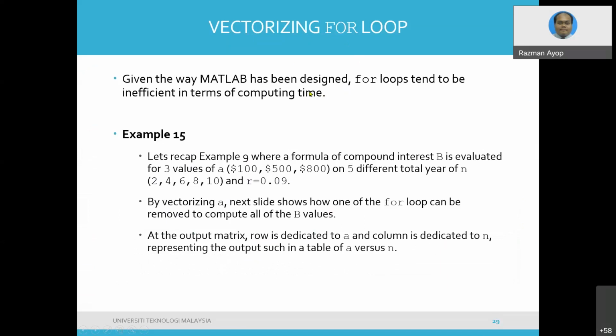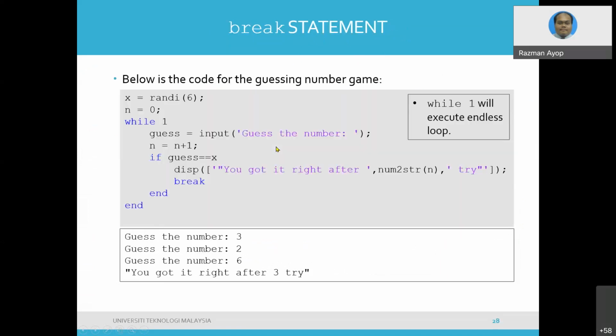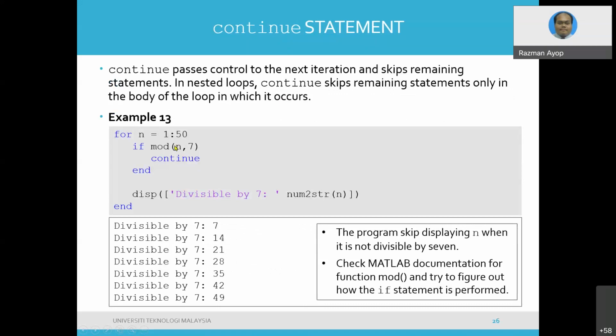Okay, next is vectorizing for loops. Given the way MATLAB has designed them, for loops tend to be inefficient. If you recall here, you can see it will run 50 times.